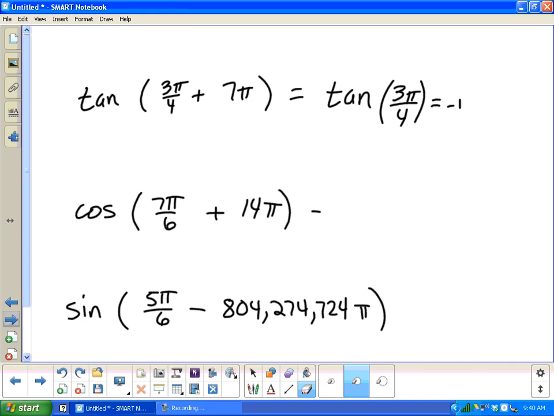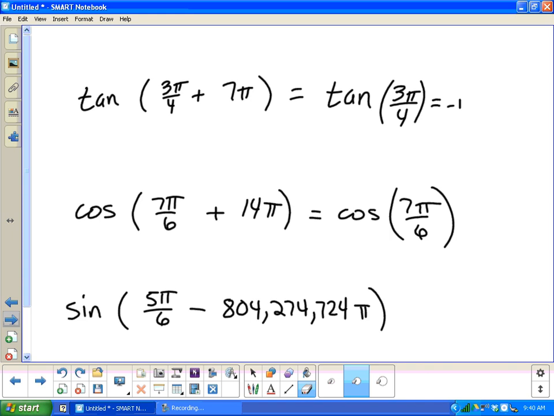Okay, so what about this one? Cosine of 7 pi over 6 plus 14 pi. So that would just be the cosine of 7 pi over 6. Think about it visually on the unit circle. If I'm at 7 pi over 6, where's 7 pi over 6 at? Third quadrant. If I went 14 pi, what is that actually doing from that spot?